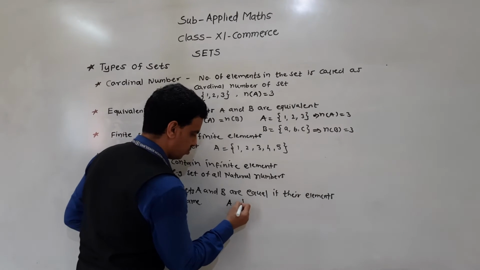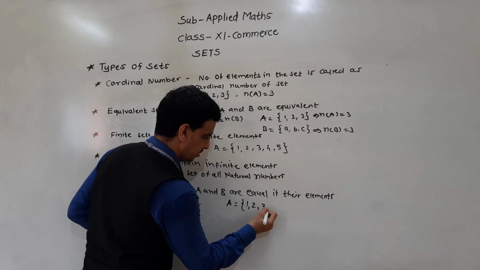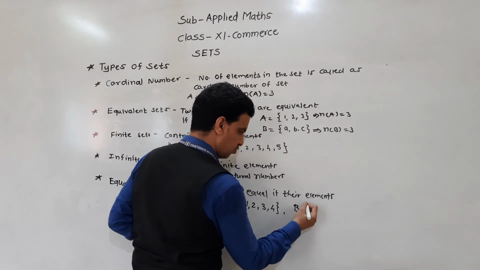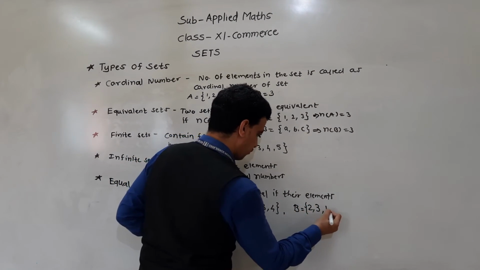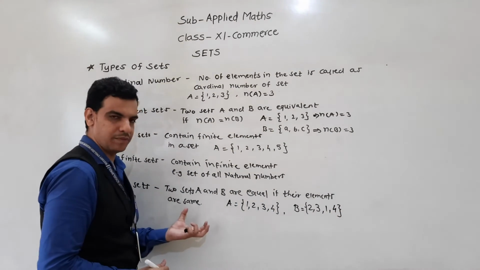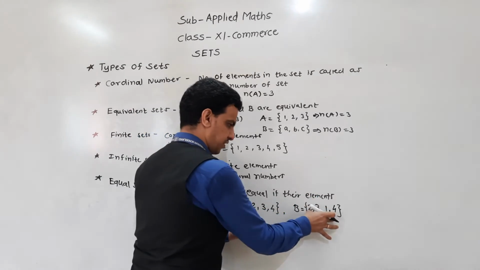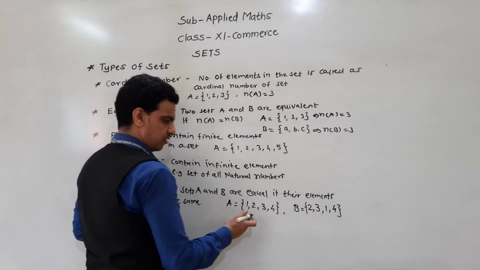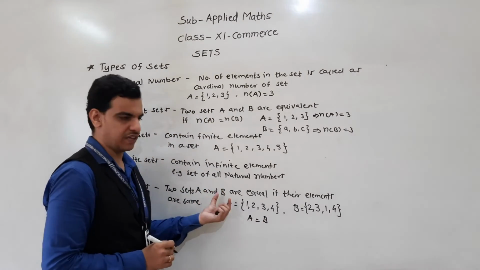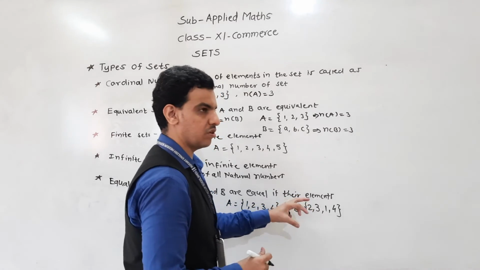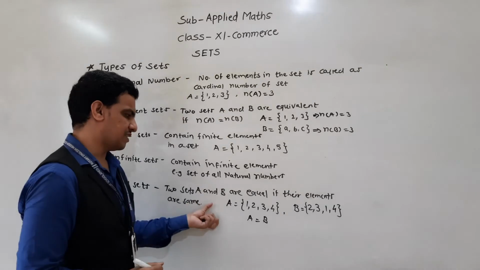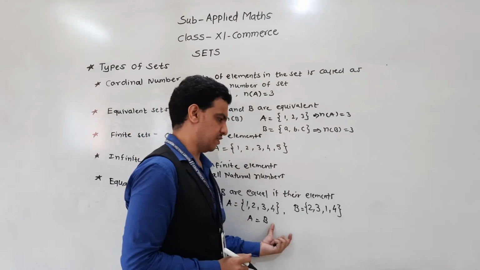Suppose A is equal to 1, 2, 3, 4 and B is equal to 2, 3, 1, 4. Here the order is different, but the elements are the same, so we can say that A is equal to B. All the elements of A are in B, and vice versa.